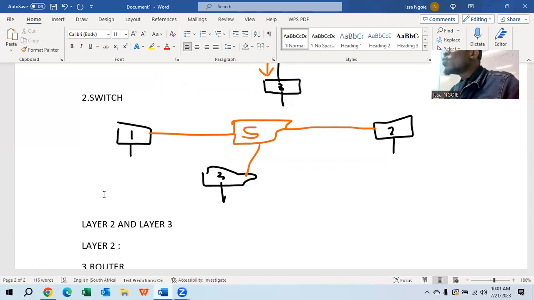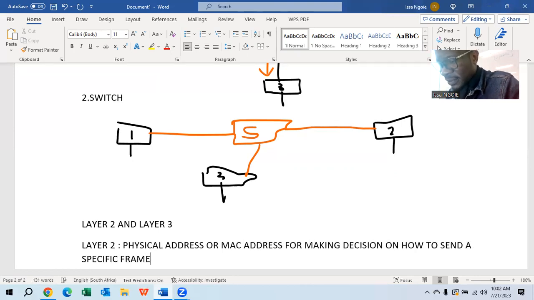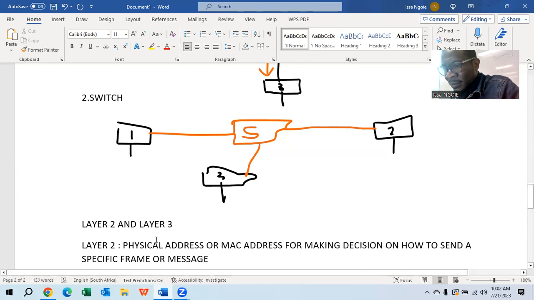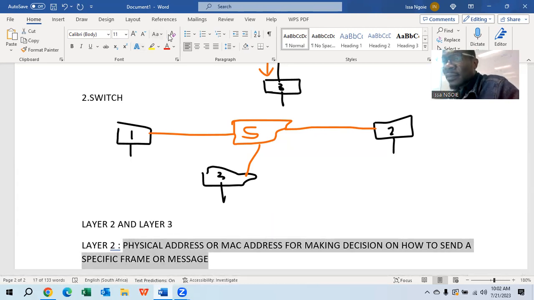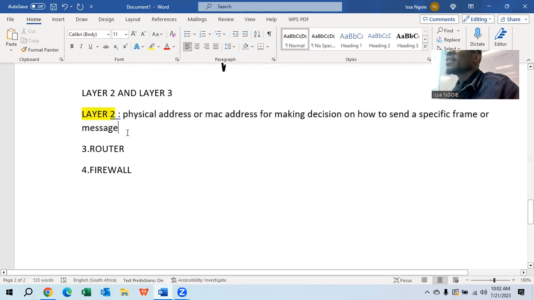Layer 2 uses what? Physical address or MAC address. You understand, guys?